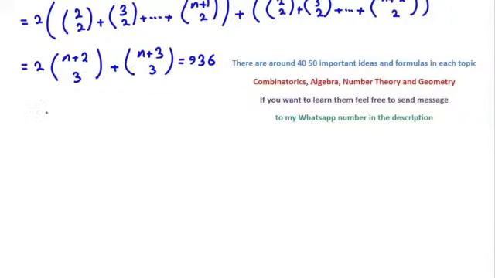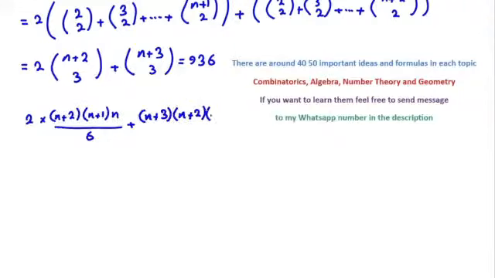For example, we can say it is n plus 2 times n plus 1 times n over 3 factorial, which is 6, plus n plus 3 times n plus 2 times n plus 1 over 6 equals 936.